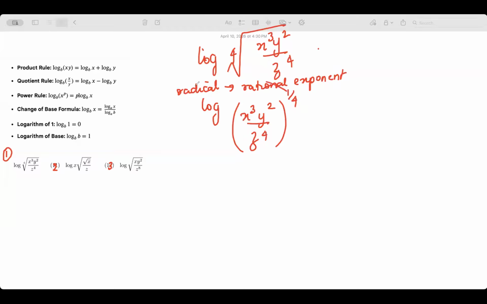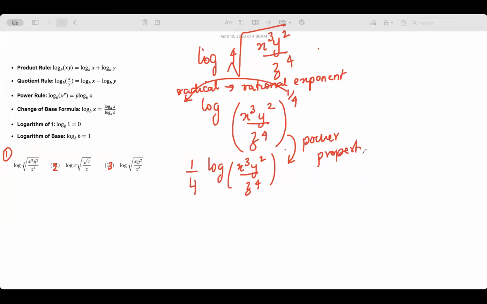Now there is a power property. 1 by 4 goes at the back: 1 by 4 log of x cube y square by z power of 4. Right? This is the power property. We have to be very slow. Okay, and then there is the division property.